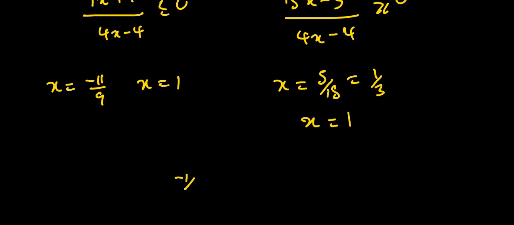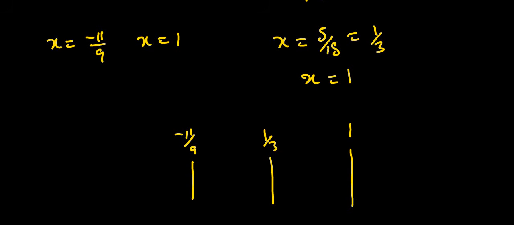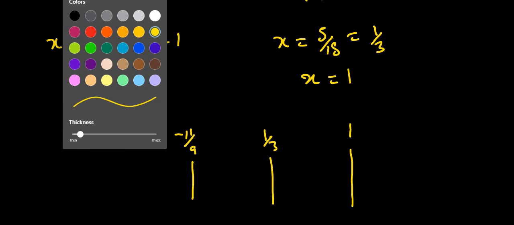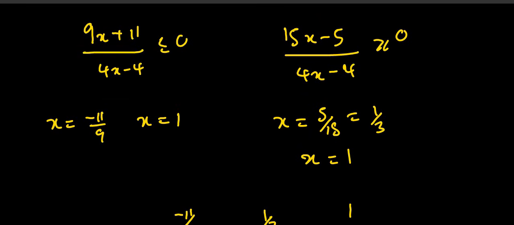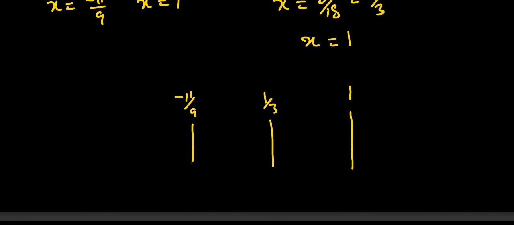The smallest one is negative 11/9, followed by negative 1/3, then followed by the 1. Now we test in between to check under which part we're going to get the correct solution set. The best way is to just get 9x plus 11, then the 15x plus 5.